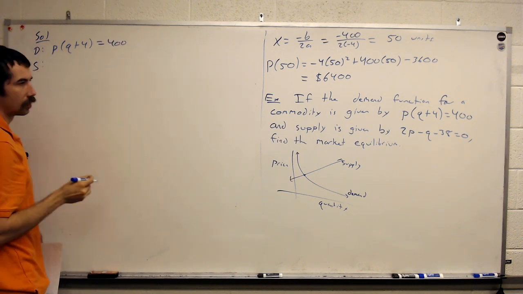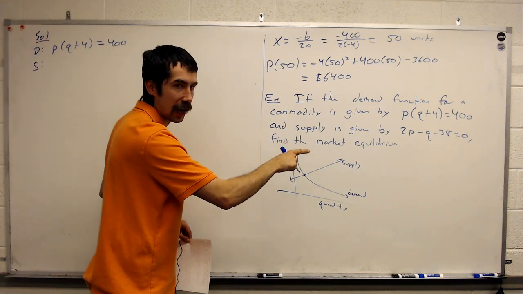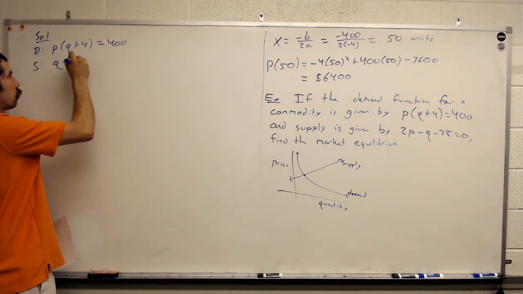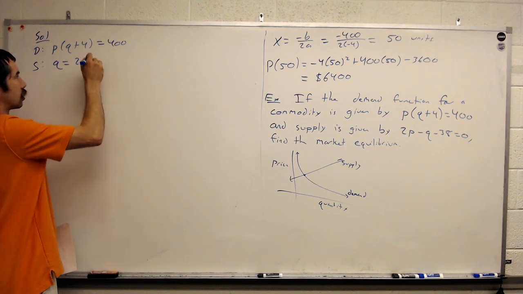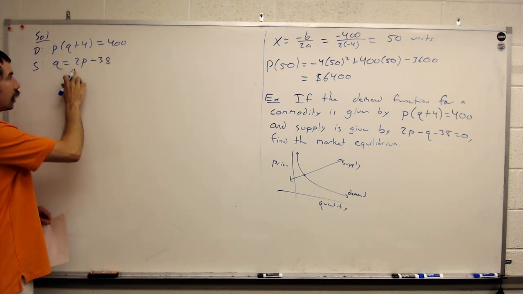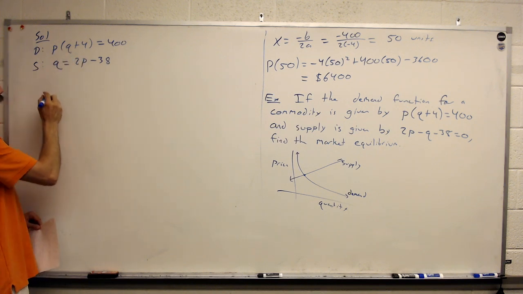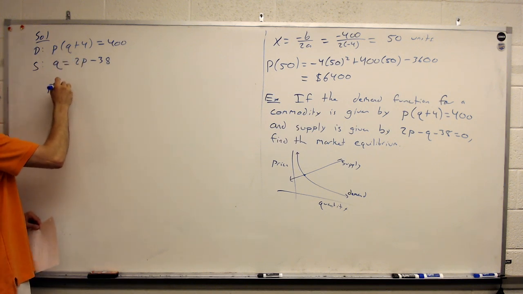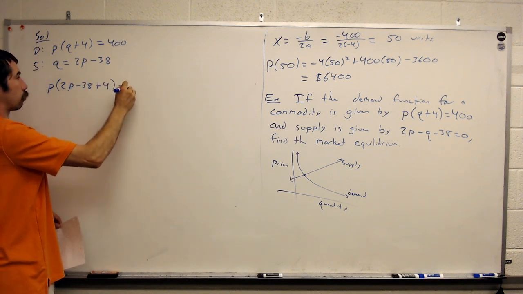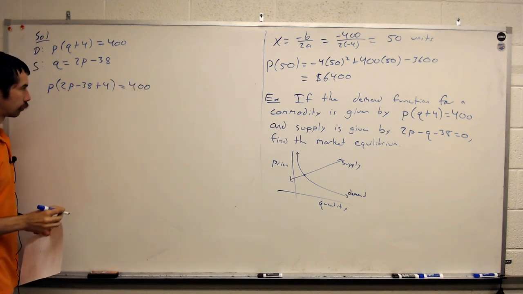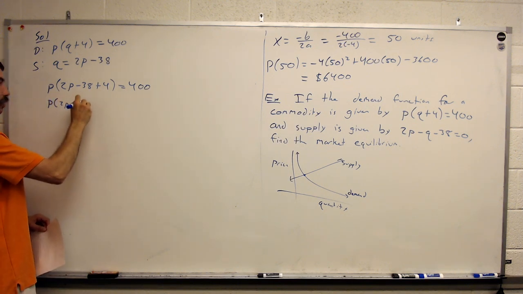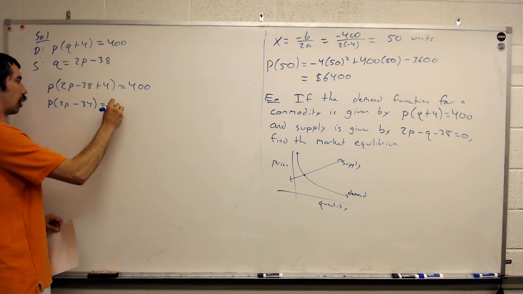Supply says that 2P minus Q minus 38 equals 0. Another way to say that is that Q is equal to 2P minus 38. We're going to sub in this quantity for Q. All right, so we have P times 2P minus 38 plus 4 equals 400. P times 2P minus 34 equals 400.